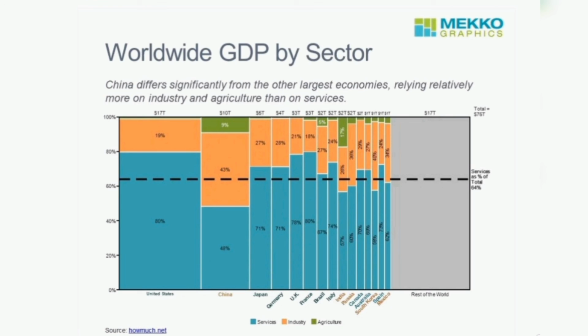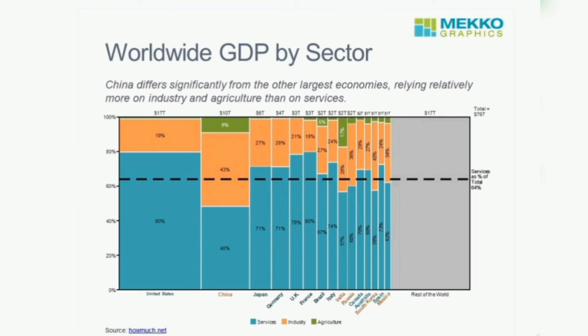China has 48% of its economy based upon the services sector, and then 43% on the industry sector, and just 9% of its economy is based upon agriculture. And then you can see a few European countries, and then Brazil and Italy. So most of their economy is based upon the services sector.